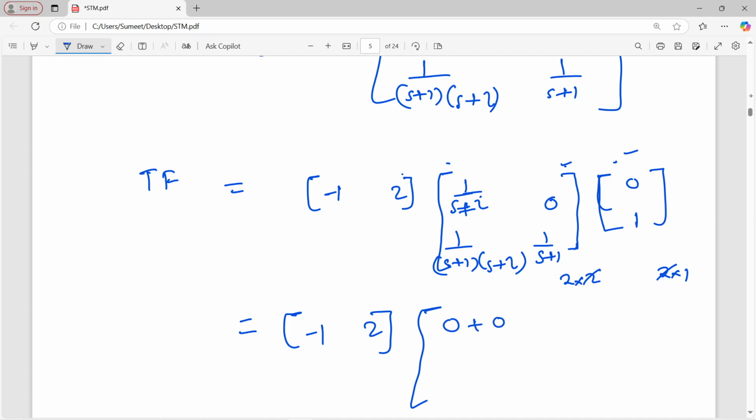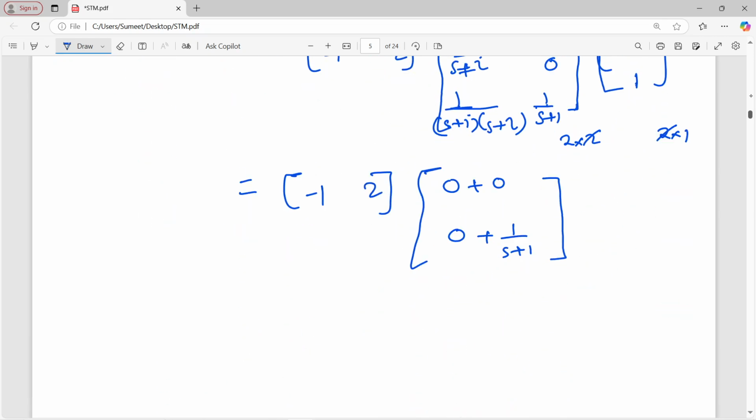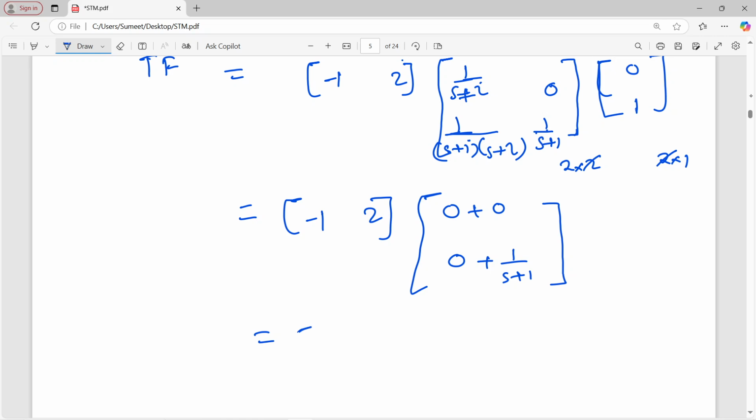So 0 plus 0. This is the first row. Now this multiplication, 1 upon (s+1)(s+2) into 0 becomes 0, 1 upon (s+1) into 1 becomes 1 upon s plus 1. So this is the multiplication result. After that, it is nothing but [-1 2] times [0; 1/(s+1)].